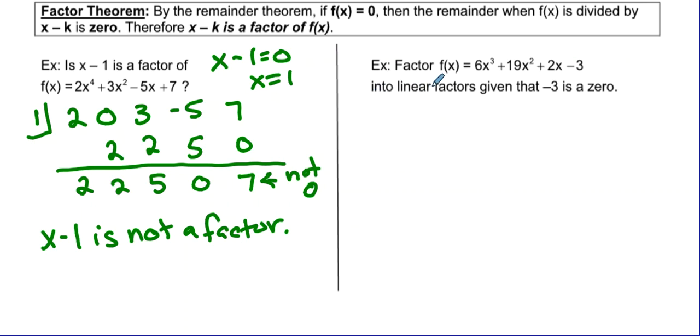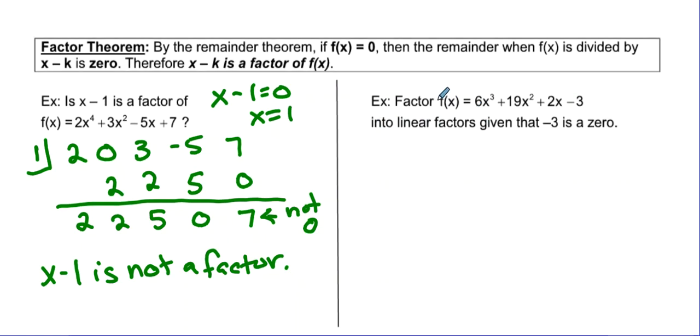Now notice the next one, after we divide, it tells us -3 is a 0. You're going to end up with a quadratic function, and you want to continue factoring that quadratic function because it wants us to break this into 3 factors. So pause the video and give it a try, and then you can check your work.